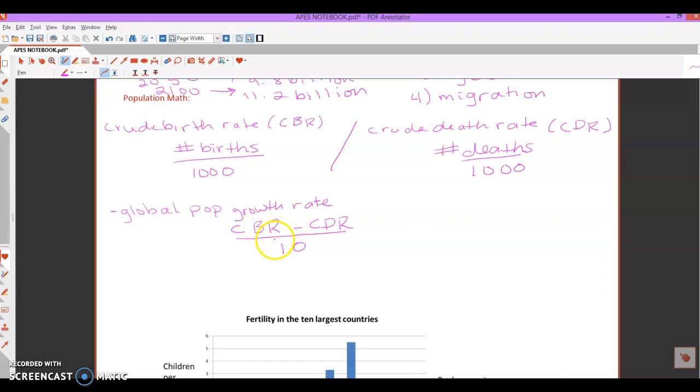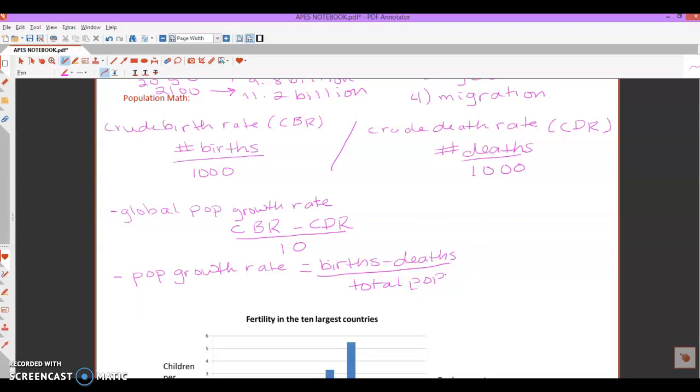All right? Now, we can also look at the population growth rate for a country. So the population growth rate is going to be equal to births minus deaths divided by the total population.